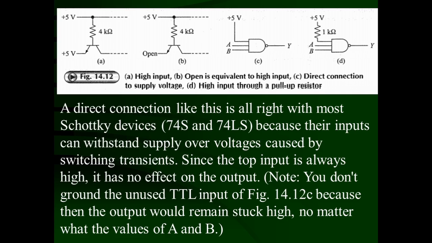Now it will take time, and when it rises more than 5.5 volt, before that the spike has died out, and hence this gate are prevented from damage, and that's why this pull-up resistance are going to be utilized for 74, 74LS, 74L as well as 74H series. That means standard, low power and high speed TTL. This pull-up resistance is needed.